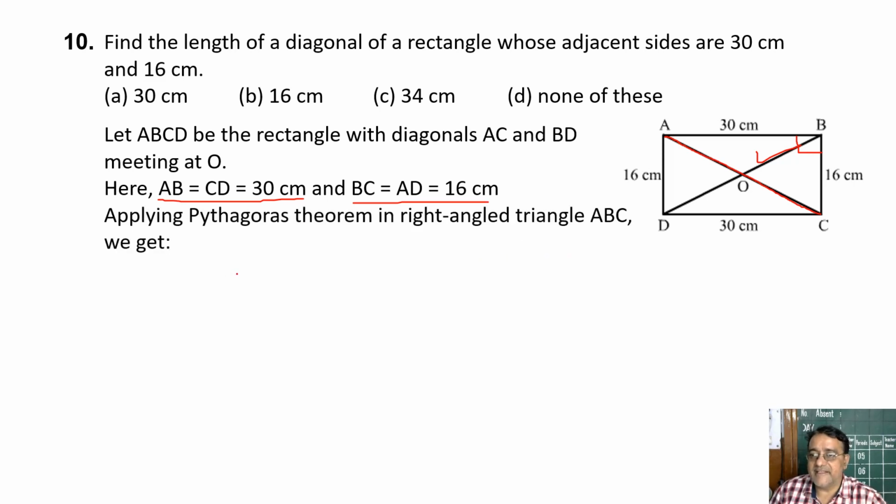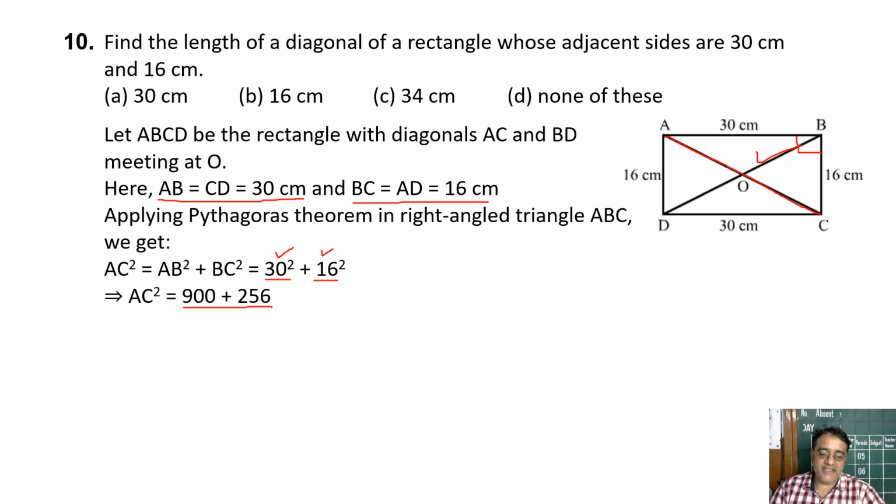So AC square is equal to AB square plus BC square, that is 30 square plus 16 square. This is 900 and this is 256. So 900 plus 256 is 1156. And what is the square root of 1156? 34. Okay, 34. So which option is the correct one?